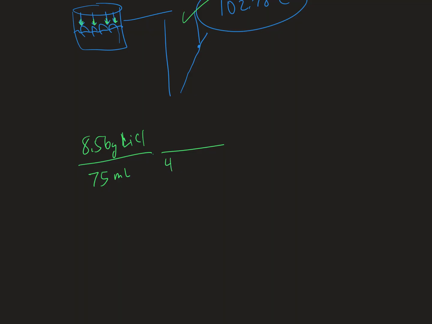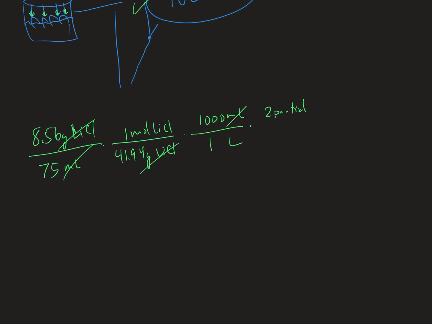41.94 grams of lithium chloride to 1 mole. That goes away. 1,000 milliliters to 1 liter. That goes away. Now we have moles per liter. That's molarity. But we want osmolarity, and osmolarity is times 2 particles, because lithium chloride is 2 particles. And that's osmolarity.